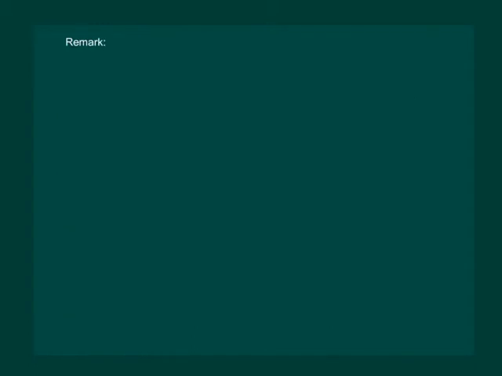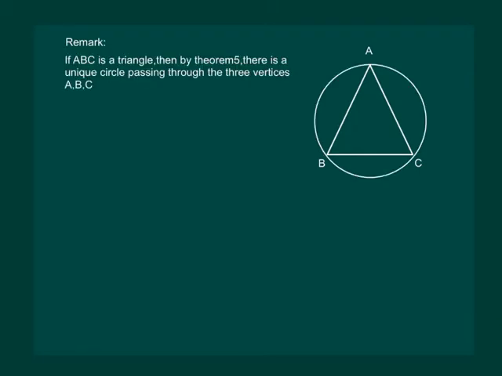Theorem 5 also gives us the information that if ABC is a triangle, then since the vertices A, B and C are 3 non-collinear points, by theorem 5 there can be only one circle that can pass through points A, B and C. This circle is called the circumcircle of the triangle ABC.